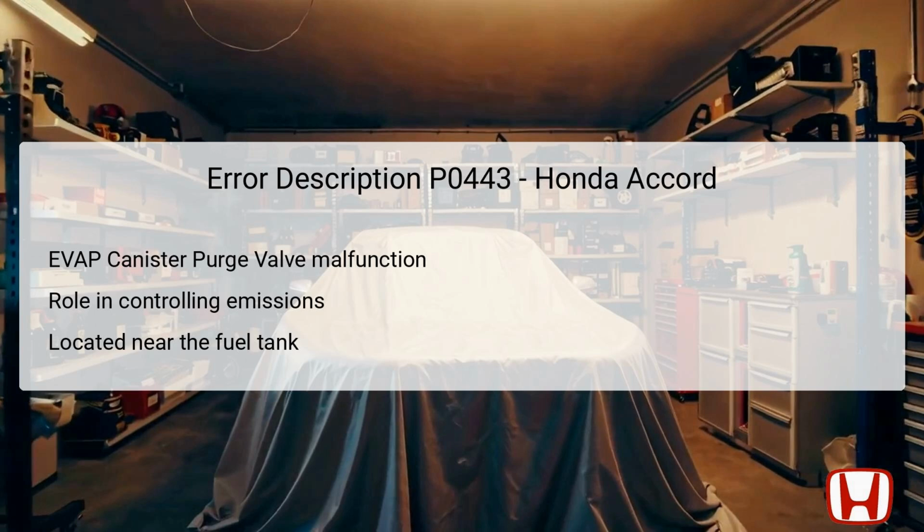Typically located near the fuel tank, this valve operates under the control of the PCM. When the PCM detects that the return signal from the valve remains constant regardless of the expected changes, it interprets this as a malfunction and records the DTC. Therefore, identifying and resolving the issues related to this valve is crucial for vehicle performance and regulatory compliance.